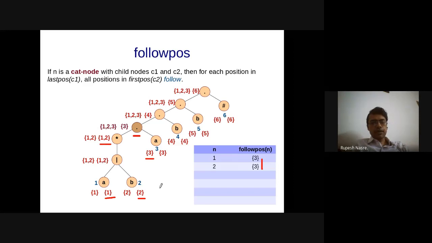Similarly, can you write what the follow pos will be for the other nodes? 1, 2 I have written, 3, 4, 5, 6. So for 3, what will it be? 3 is also a concatenation node.